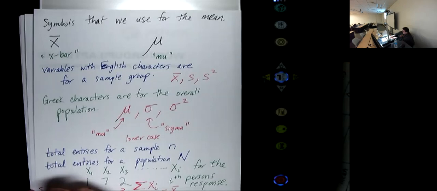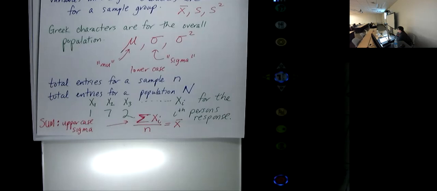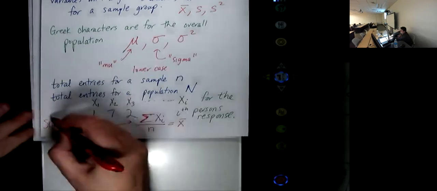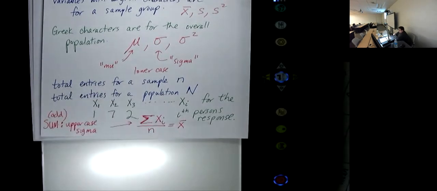And it means sum, add it up. So the uppercase sigma says add up all the x sub i's, or add up all the entries, and divide by n. If you've used Microsoft Excel, and I imagine Google Sheets has it too, that symbol sigma shows up on there too. You may not have known it was called sigma, but it is. And it has the same purpose. It's sum on there also.